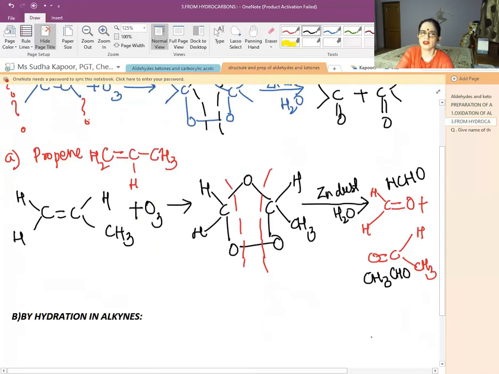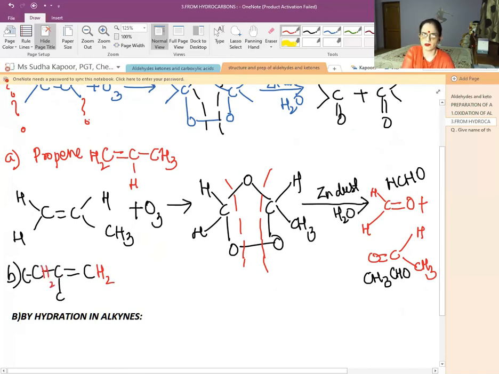Similarly, you can also do one more example, that is 2-methylbut-1-ene. We can draw it like this: 2-methylbut-1-ene. Then placing hydrogen on it, CH2. This carbon doesn't require any hydrogen, all the bonds are there.